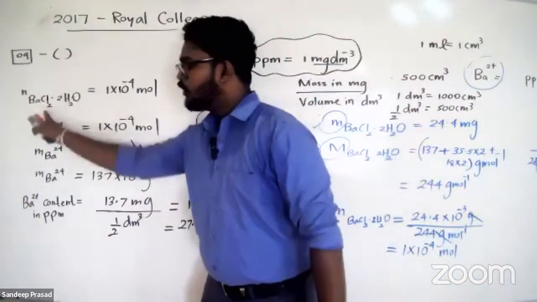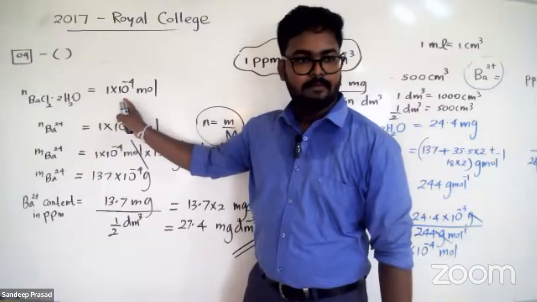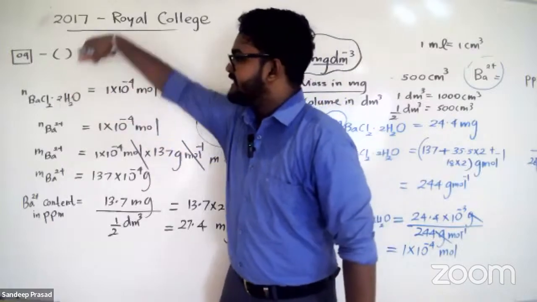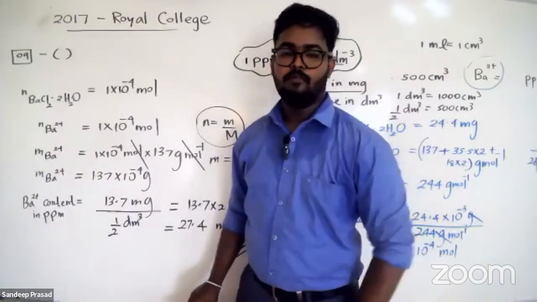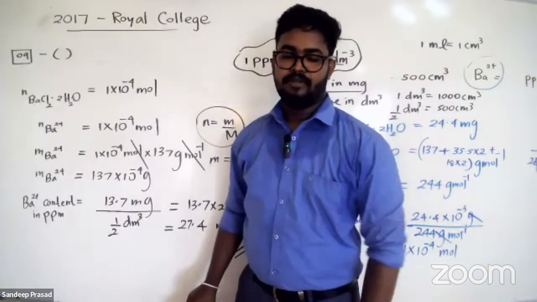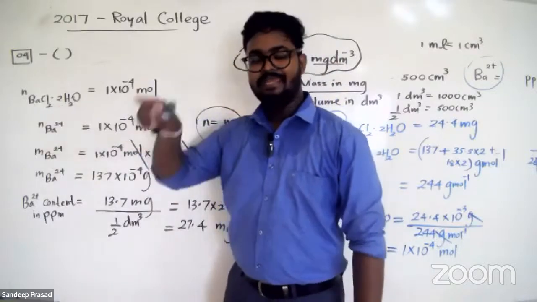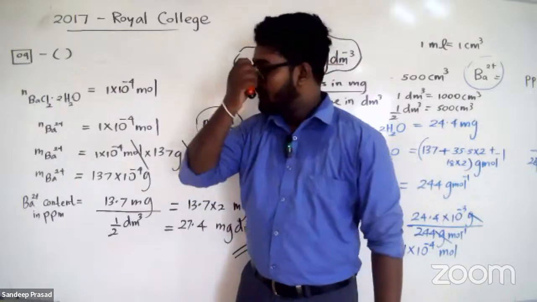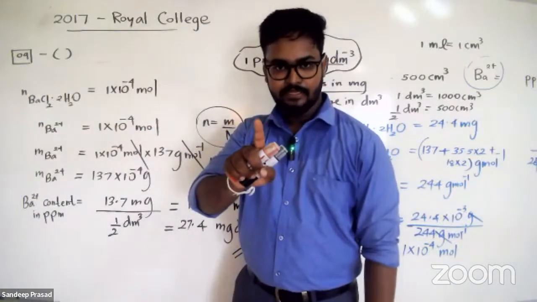So this compound, we calculated these compound moles are 1 into 10 to the power minus 4. Inside this compound, just imagine we have one compound molecule. In that one compound, how many barium atoms are there? Only one.